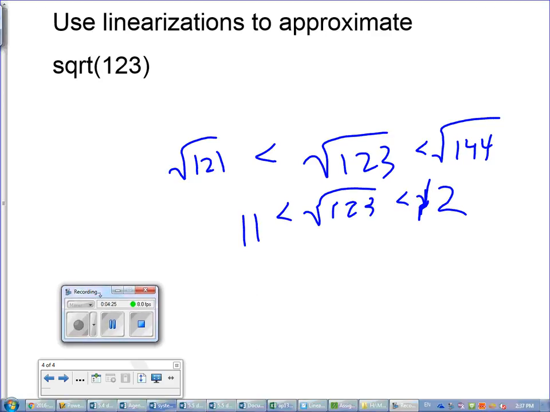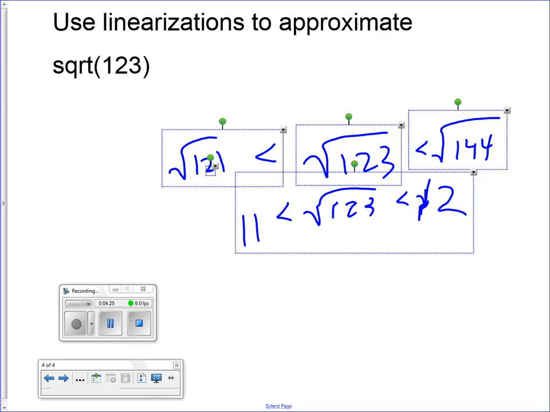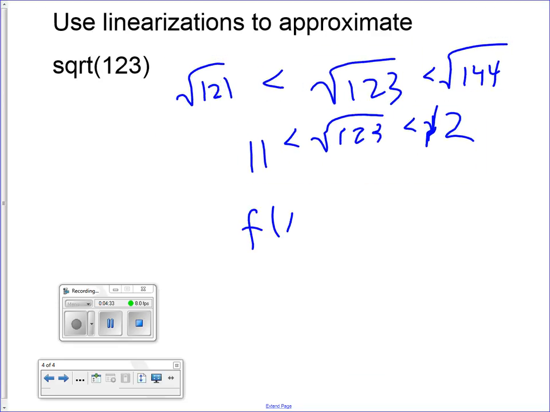We can actually get a decimal answer. So this is a function. The square root of 123 is the function, the square root of x, with the x value being 123. So let's come up with the slope of the tangent line by taking the derivative.